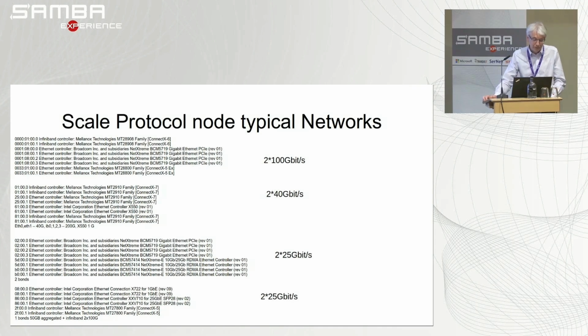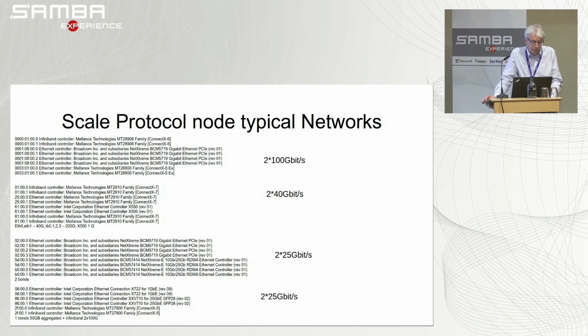The first one, hope it's readable, has 8 network ports, and 2 of them are on an InfiniBand link, connecting 6 cards. They allow up to 200 gigabits, but it's InfiniBand, so it's the cluster link between the nodes.